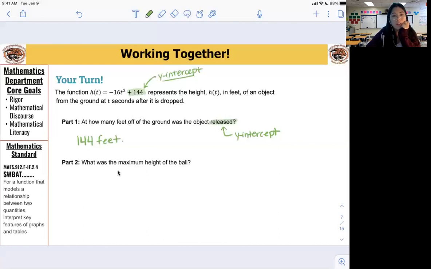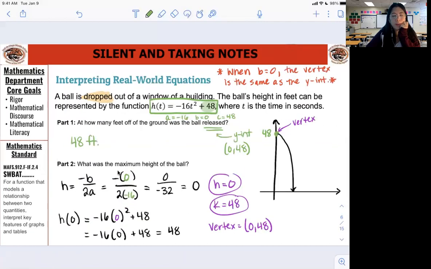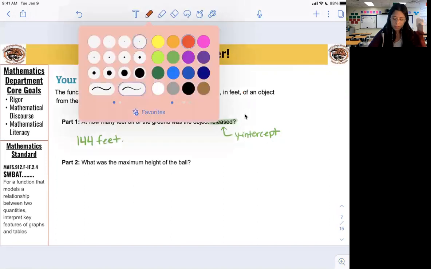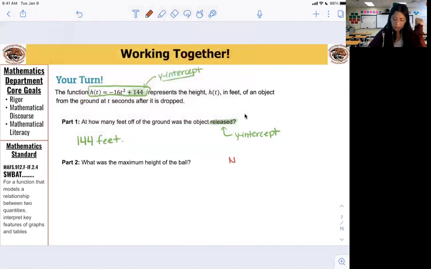Okay, this is very, very similar to the previous problem. Now what is missing from this standard form equation? There's no b, right? No b, which means what happens when there's no b? The maximum is at the y-intercept.